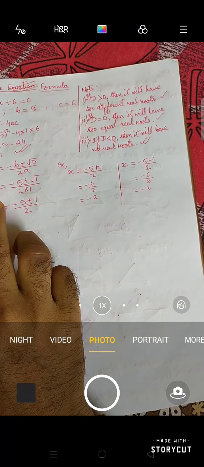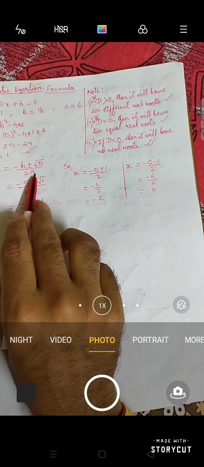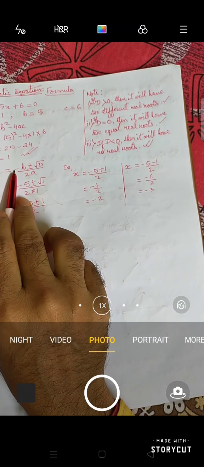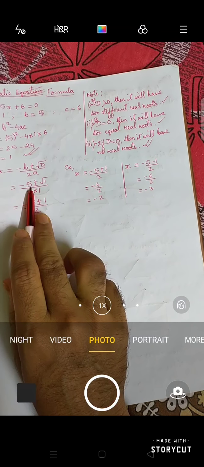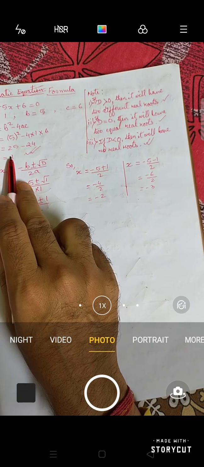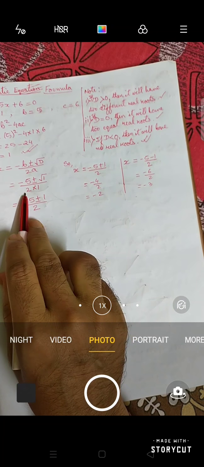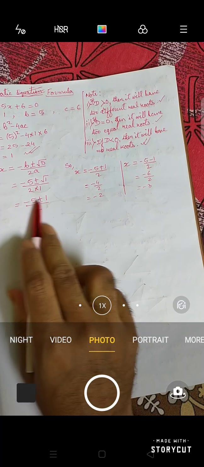Just see, x is equal to minus b plus minus root D over 2a. According to the formula, b means 5, so we are substituting the value minus 5 plus minus, root D means 1, so we have put 1. Now 2 into a means 1. After substituting, we got this.